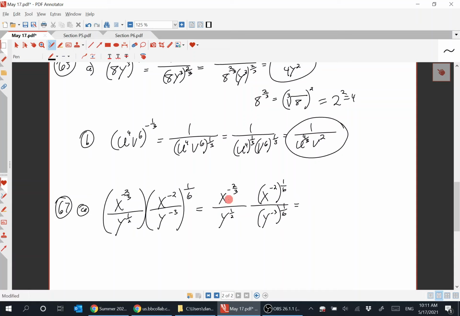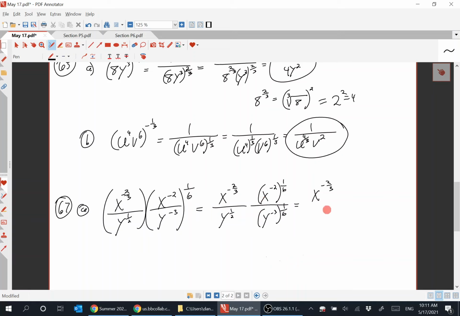All right, so x to the minus 2/3. Remember, when you multiply two fractions, a/b times c/d, you just multiply the numerators and multiply the denominators. So that's what I'm going to do right now, all in one step.